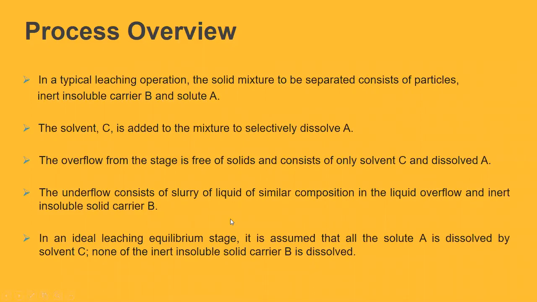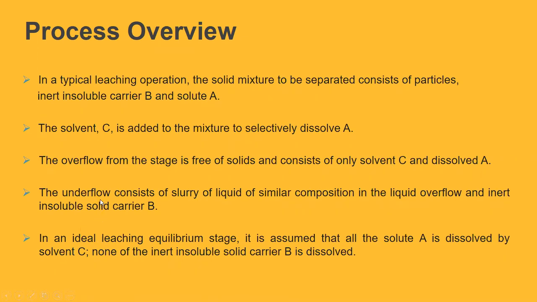Comparable to the extract in the process of leaching is what we call the overflow. The overflow consists of the solute A, which was dissolved by your solvent C in your leaching process. Now, the raffinate in extraction is comparable to the underflow in leaching. So, raffinate in extraction is underflow in leaching.